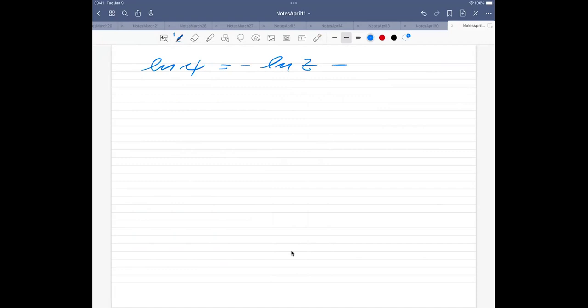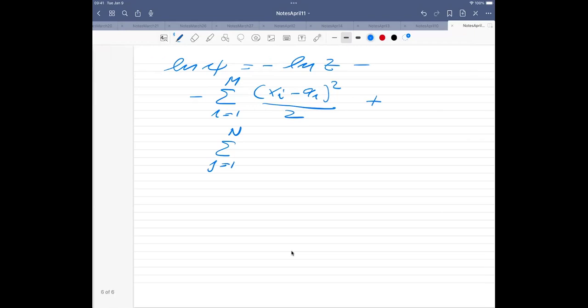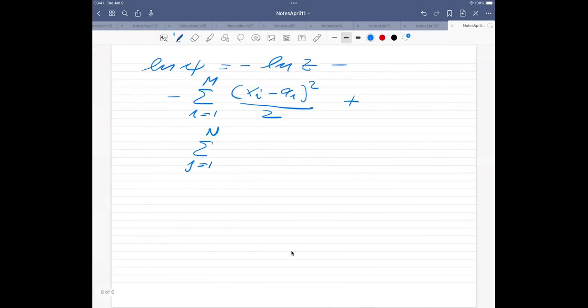And then I have minus the sum over i equal 1 up to M of x_i minus a_i squared, and then I divide this by 2. Then I have a term here, which goes like the sum over all the j equal 1 up to N. It's actually a minus sign here, because we have a minus sign.